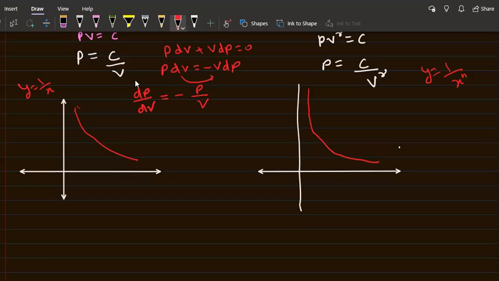Now, think about this adiabatic equation. We will do the same thing. First keep V constant.